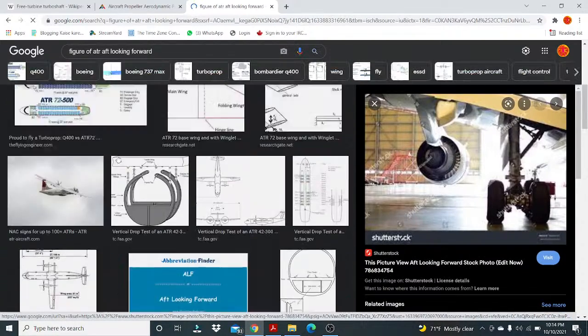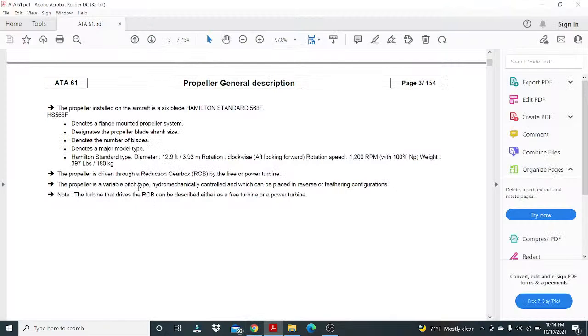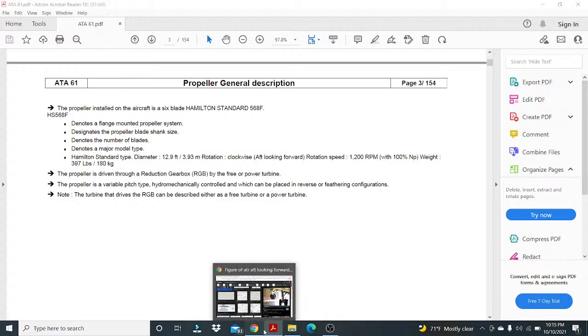Aft looking forward, which is looking forward. So imagine it's got some blade in it, so it rotates this way. This is the way, clockwise, from aft looking forward, that's what it means. Propeller rotation speed is 1200 rpm at 100% NP. Weight is 397 pounds, 180 kg. Okay, cool. Alright.